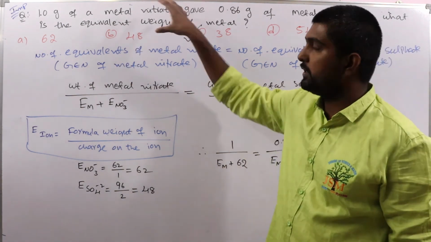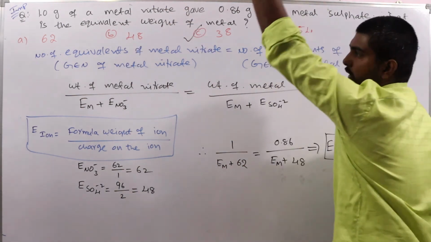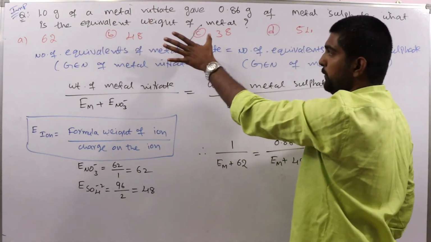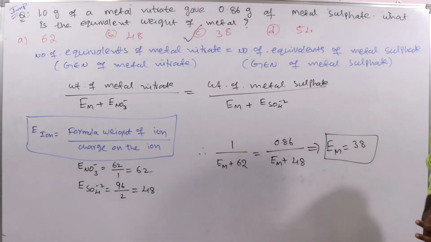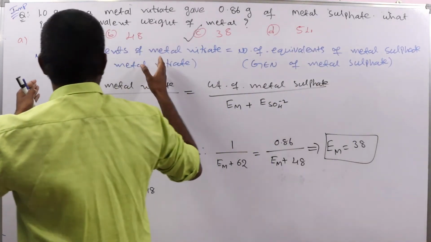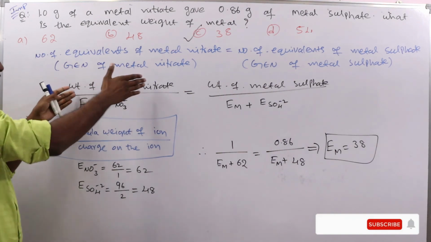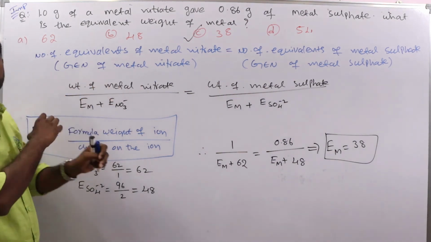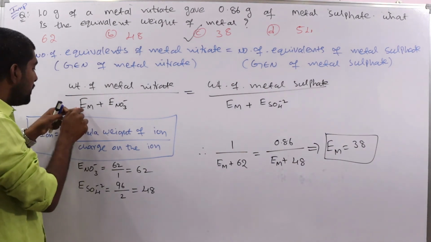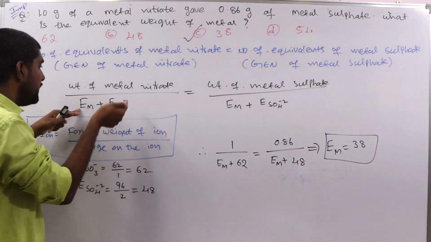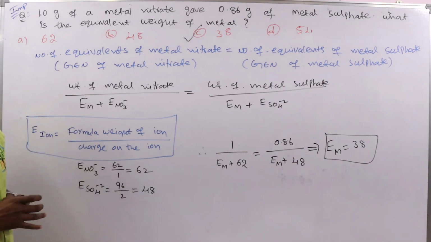So how to solve this type of problems? First step, number of equivalents of metal nitrate equal to number of equivalents of metal sulfate. We know the formula for this one, weight of the metal nitrate by equivalent weight of metal nitrate, which is the sum of equivalent weight of metal plus equivalent weight of the nitrate.